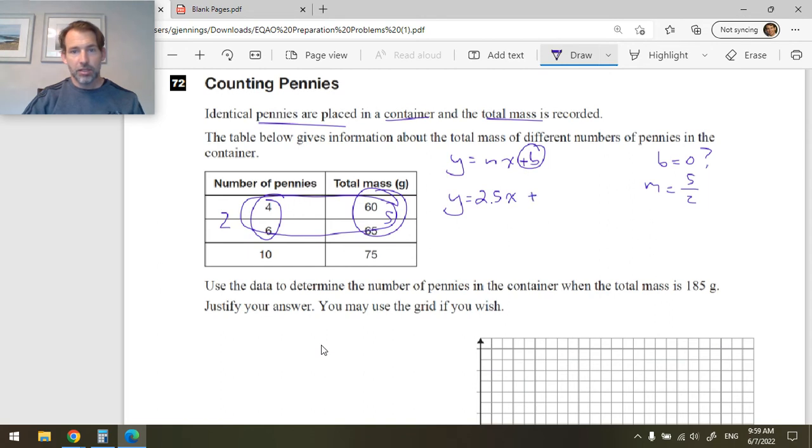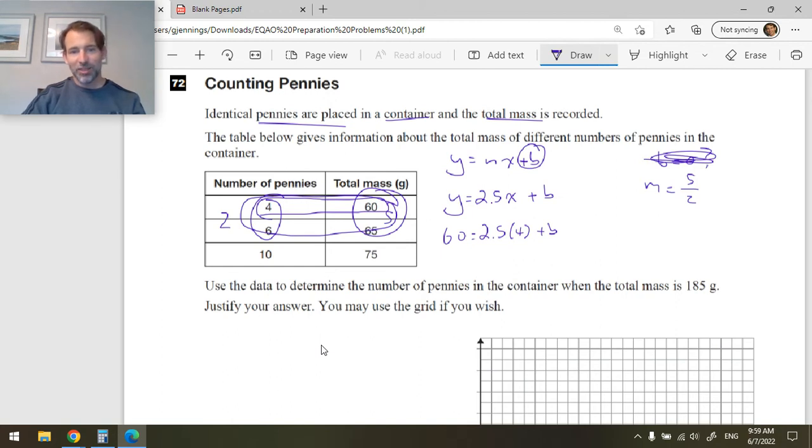We don't know b yet, so let's find b using this point, 4, 60. When the weight is 60, we had 4 pennies: 2.5 multiplied by 4 plus some value b, which is the weight of the container. b is not 0. I'm revising that assumption. And 2.5 times 4 is 10.